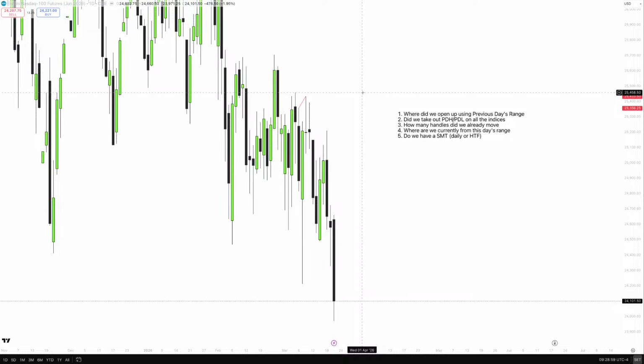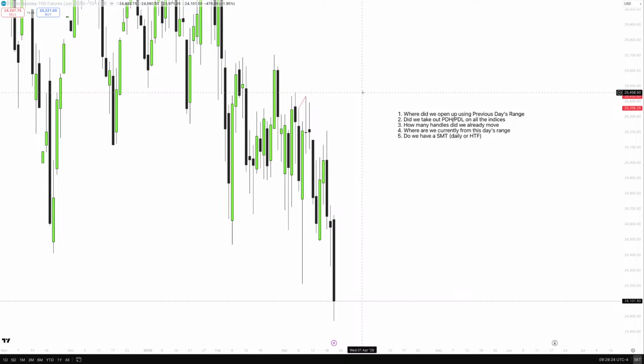So this is something I consider, and not only on the daily time frame, but overall on the higher time frames. So we could also have session SMTs, for example. Let's say that NQ already took out London session high, but ES didn't, and YM also didn't.